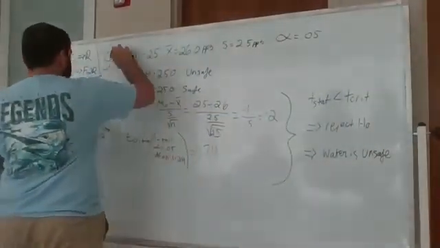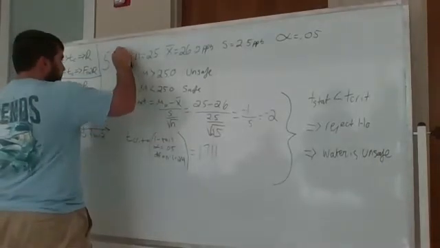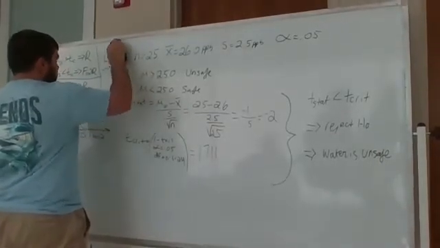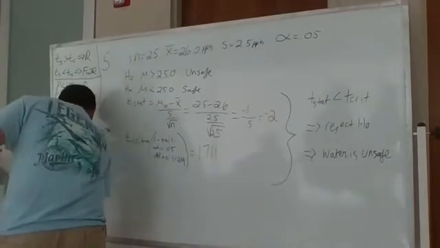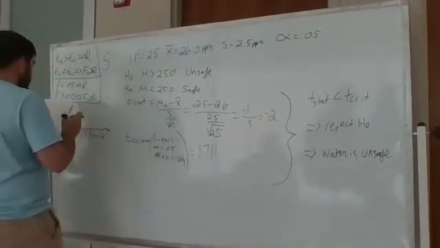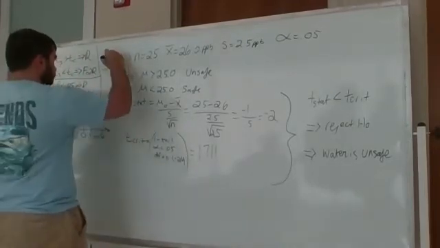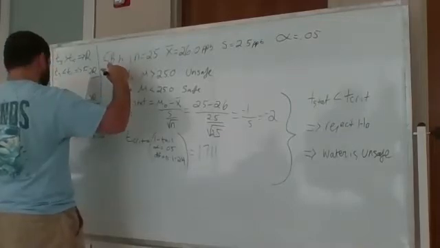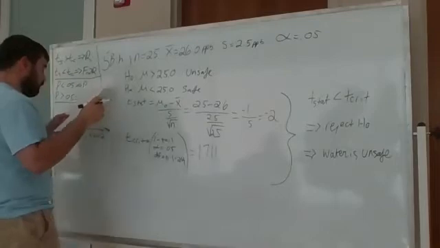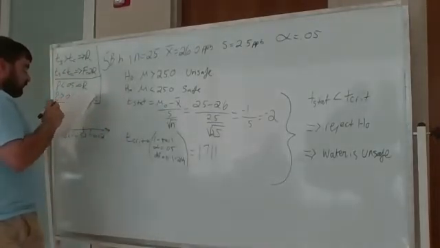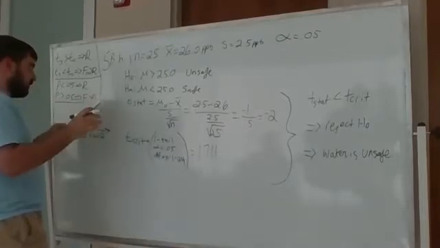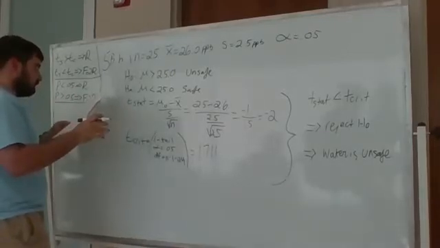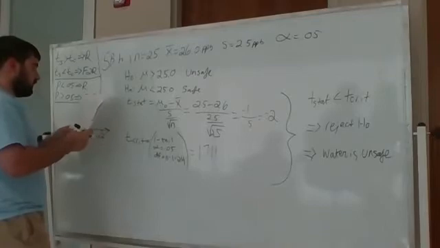5B is the same idea of the question. We just have a different sample size. Because 5A, part A was the same as 5B, part A. That's what he wrote here.